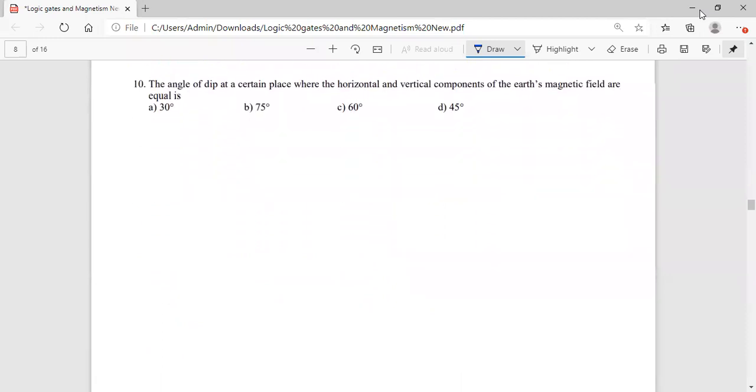Next, 10th one. The angle of dip at a certain place where the horizontal and vertical components of the Earth's magnetic field are equal. It is given that BH is equal to BV.